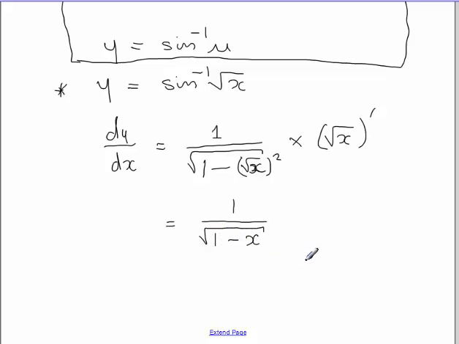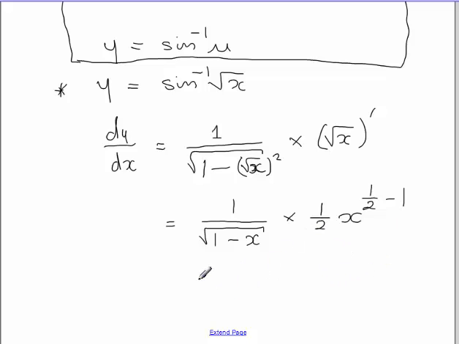If anything is surprising you, you must tell me. What is surprising? Nothing. Okay? Multiplied by half x to the power half minus 1. What are we doing there? Applying the power rule. Altogether. Okay?